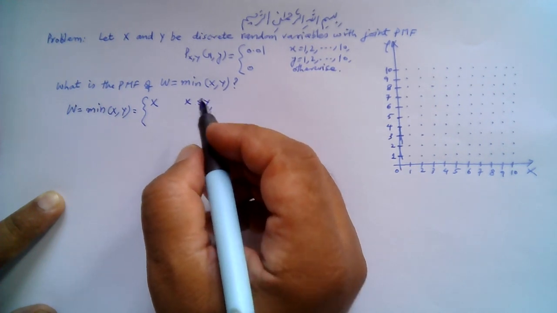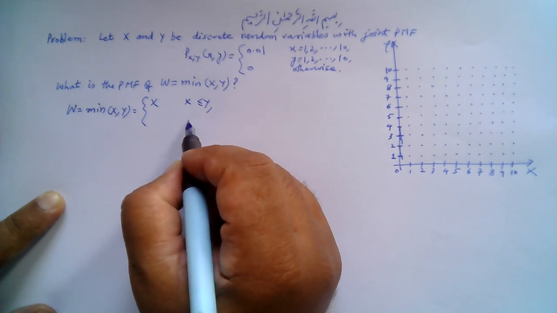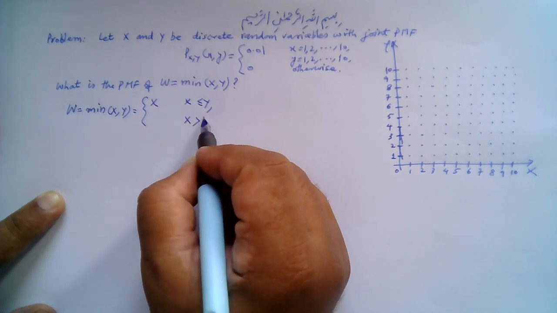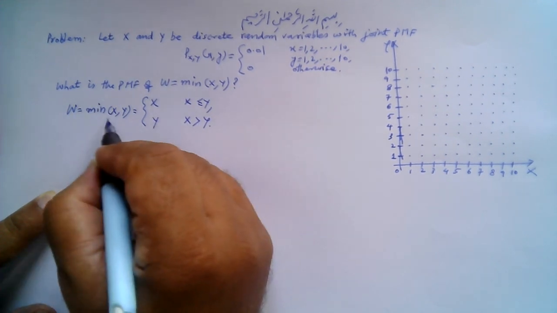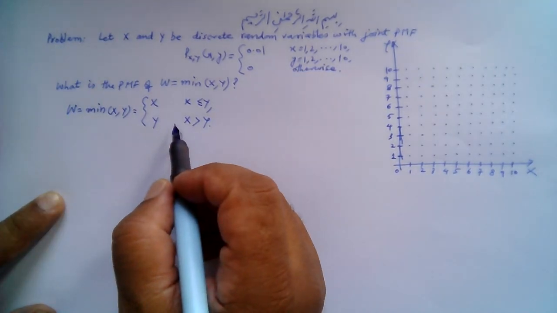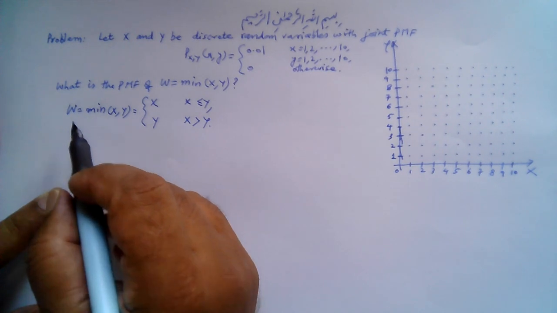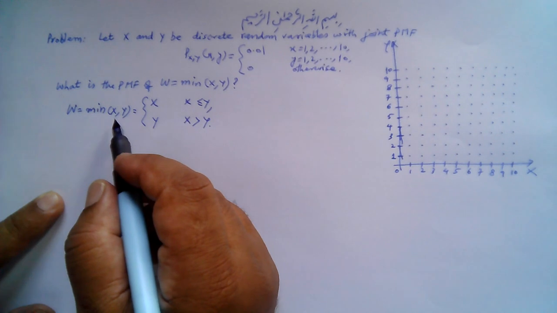And on the other hand, if y is less than x, or we can say that x is greater than y, in that case min of x, y will be y. So this is how this function is defined, and this is how this derived random variable is a function of the random variables x and y.